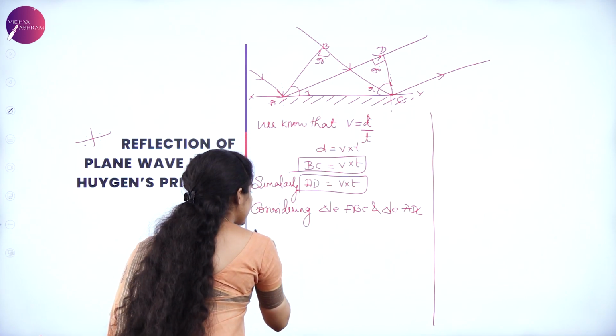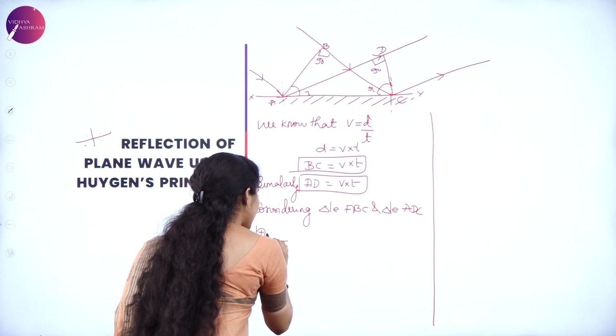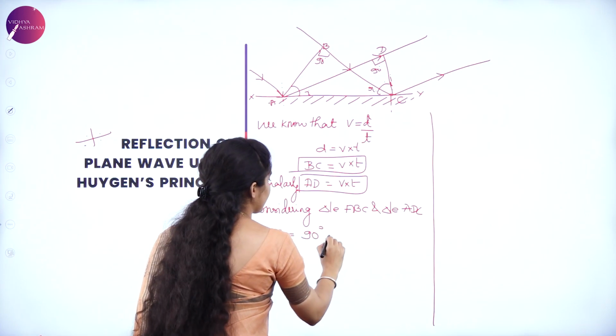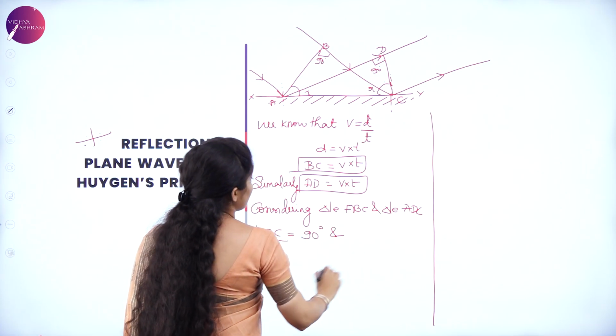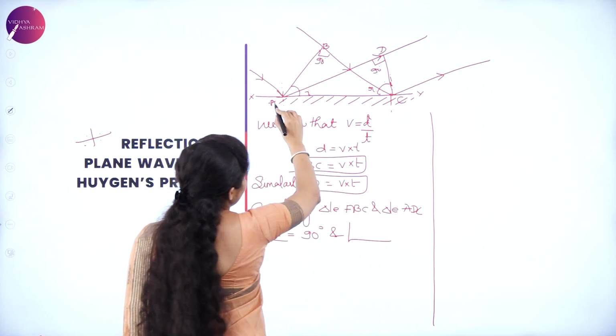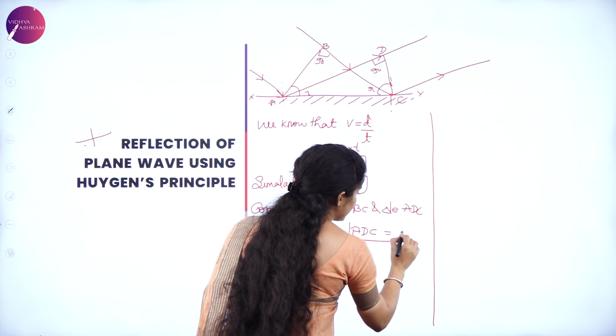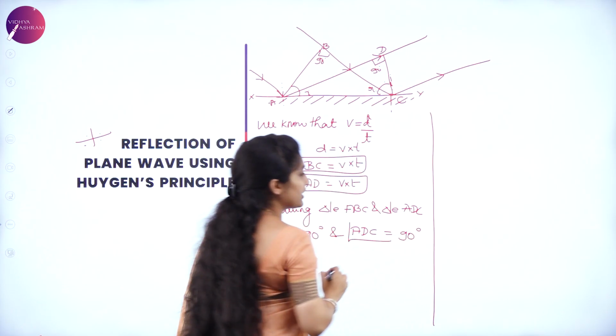Angle ABC is 90 degree. And angle ADC is also 90 degree.